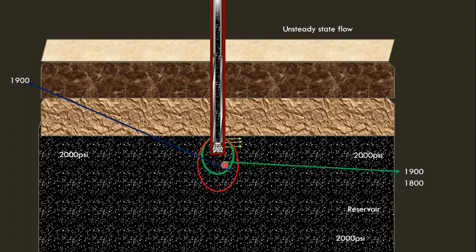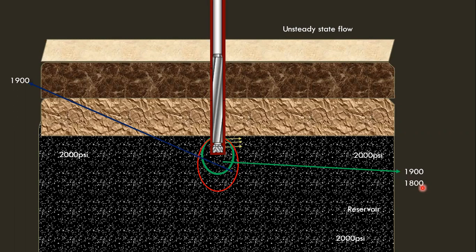That new wave will have a pressure of 1800. Earlier it was 1900, right now it is 1800. So you can see the pressure difference: outside is 2000 psi, inside red it is 1900, inside green it is 1800. So the pressure reduction is increasing as time is progressing. Why? Because the pressure reduction is progressing into the reservoir.